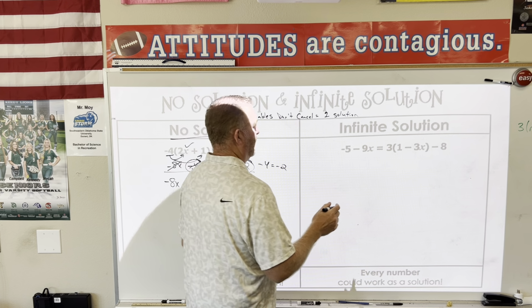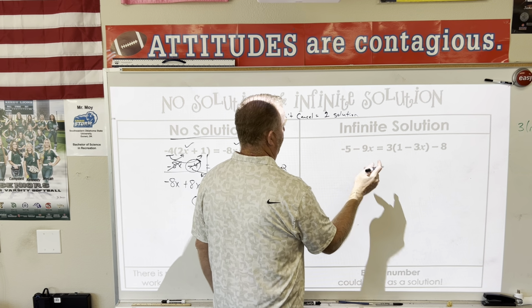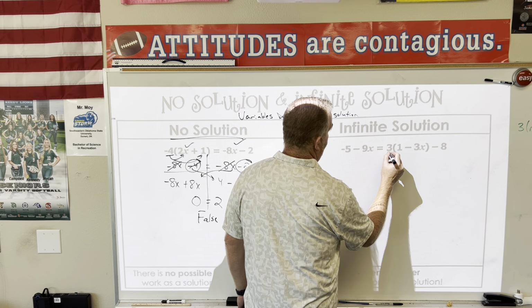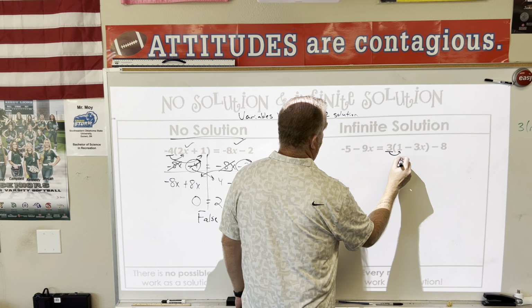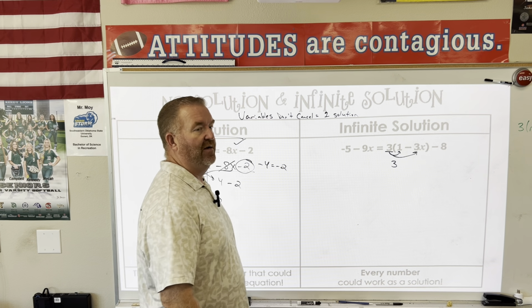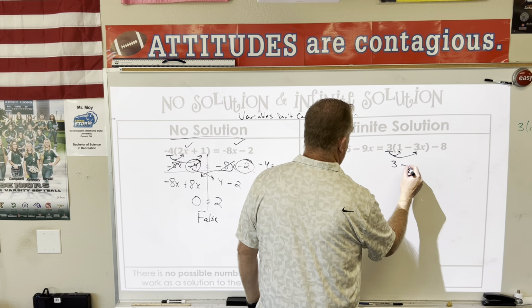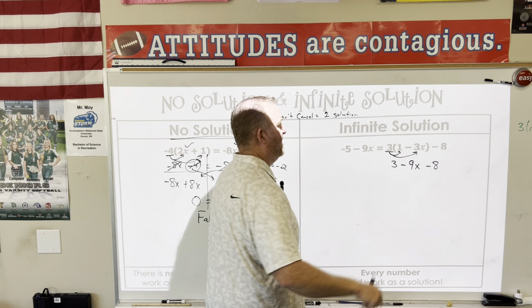All right, here we go. Is there anything to do on the left? No. What about the right? What's 3 times 1? 3. What is 3 times -3? -9x, because there's an x on there, and then -8. Am I done on that side?